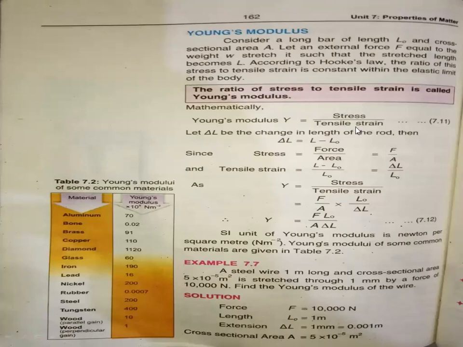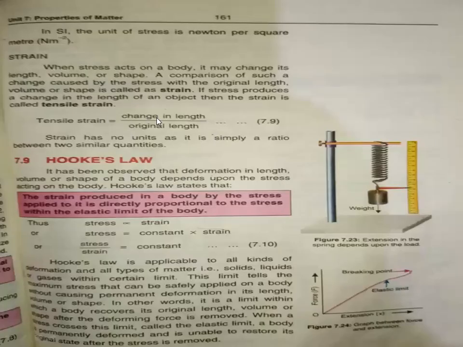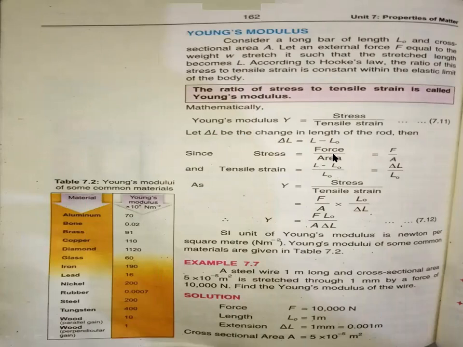So we calculate the stress. In my last lecture, we discussed stress, and stress is force per unit area, that is F over A. And tensile strain is change in length divided by original length, and change in length is denoted by L minus L naught, divided by the original length L naught.